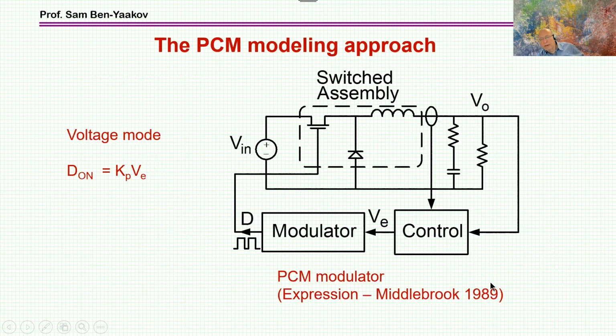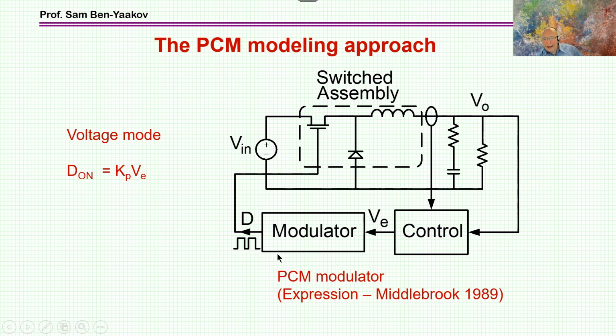So the question is, how can we handle the control of peak current mode? Now, in general, as we have said, the system that we have includes the power stage, which is invariant. It's the same thing. We have feedback. Now we have both voltage and current. Then we generate this VE, which then goes to the modulator and produces the duty cycle.